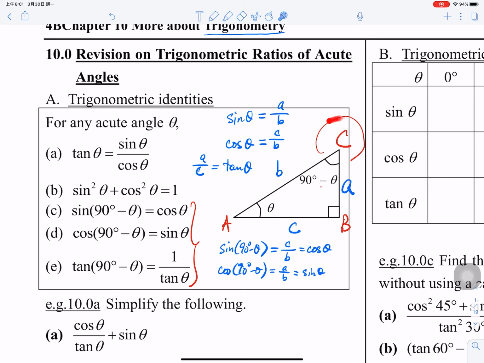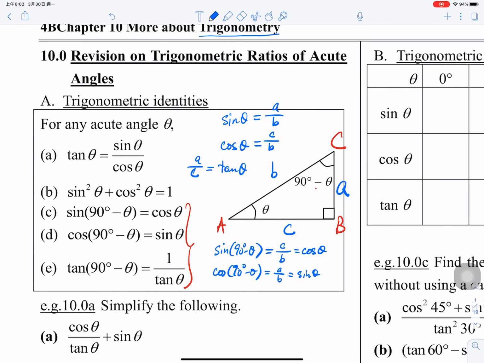How about the last one, tangent 90 degrees minus theta? Opposite side is C, and adjacent side is A. Therefore, this one is 1 over tangent theta.